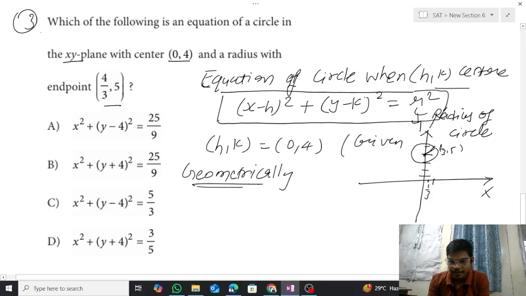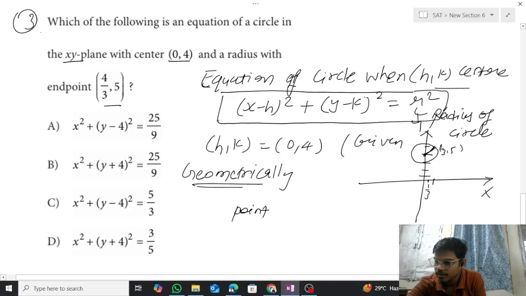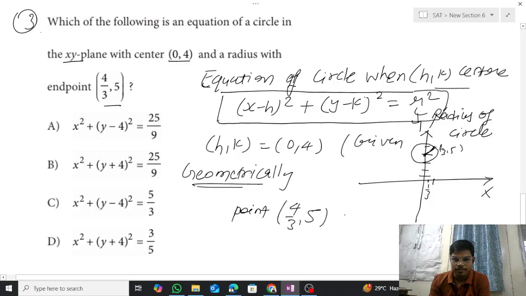Because I have given that distance, but I need to find the radius, and I have given the point. The point 4 by 3 comma 5 is the end point.